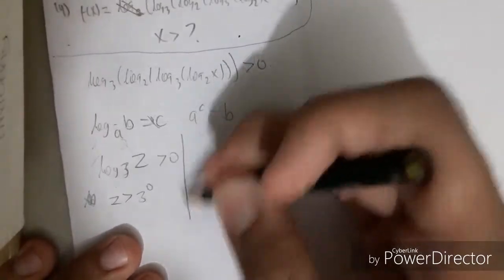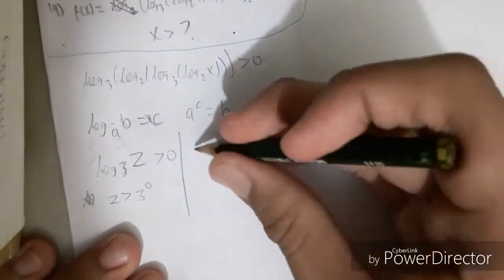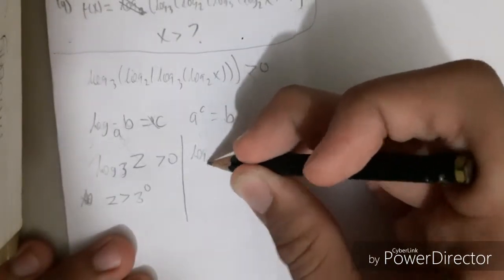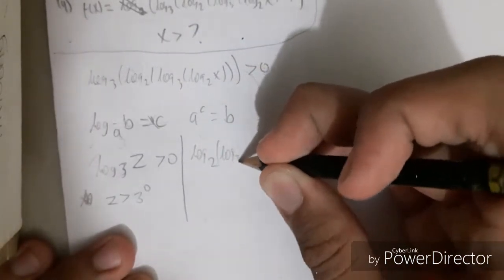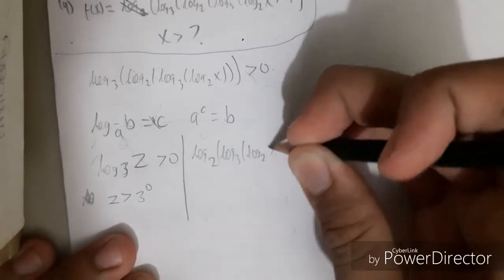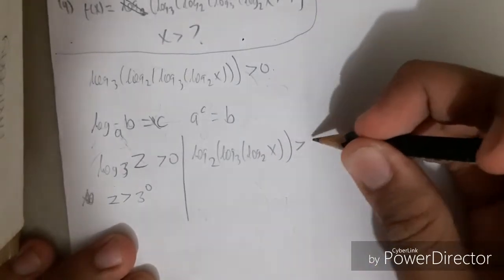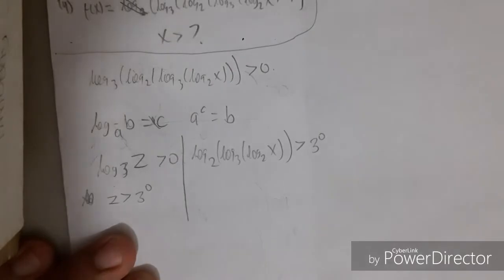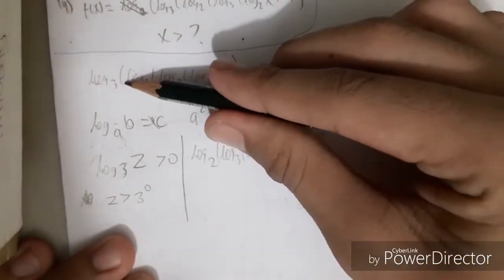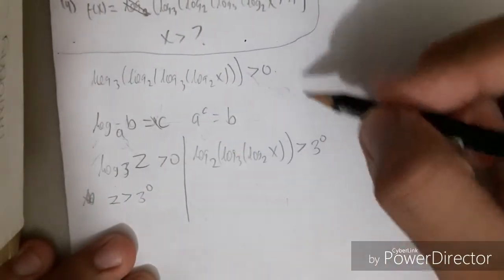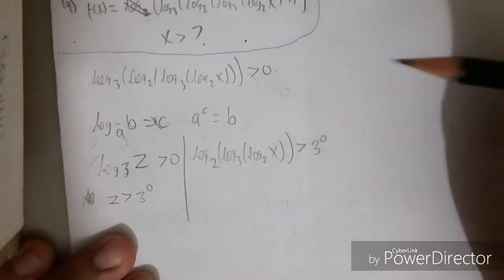So we can substitute and take out this log 3, and it becomes log 3 of log 2x greater than 3 to the power of 0. Now this 3 goes to the right and directly powers.